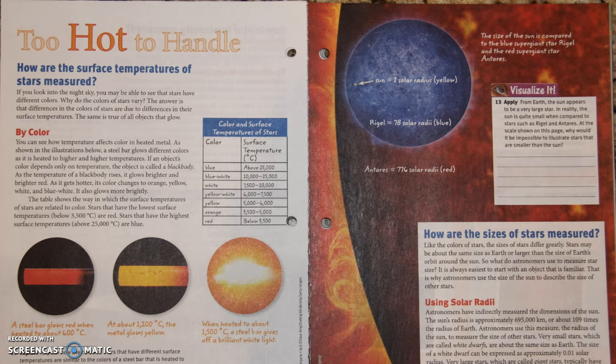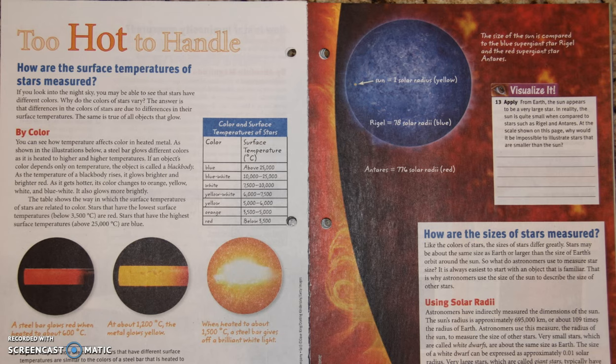As it gets hotter, it changes color to orange, then yellow, then white, then blue-white. It also glows more brightly. You're not going to be able to take a steel bar and heat it to where it's blue-white because it would melt before then.